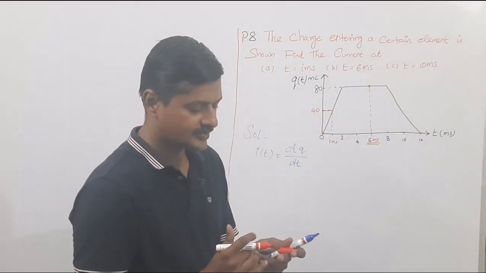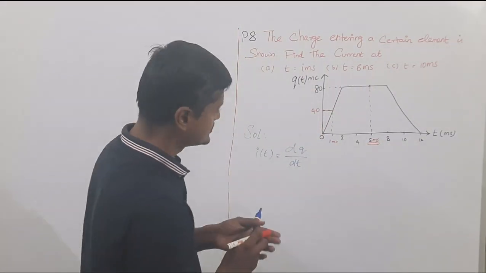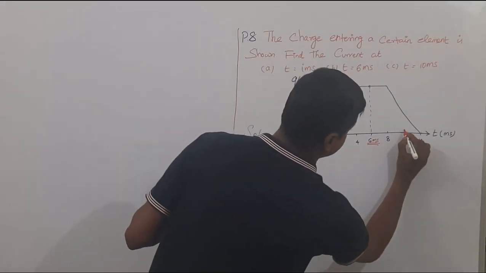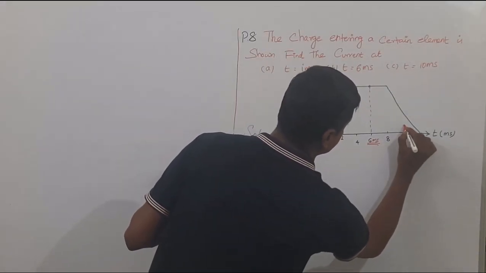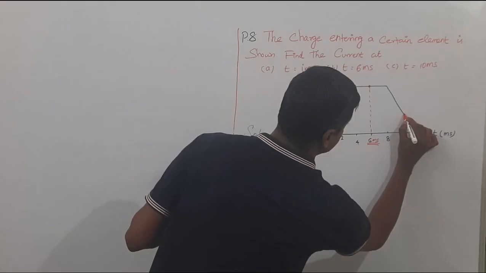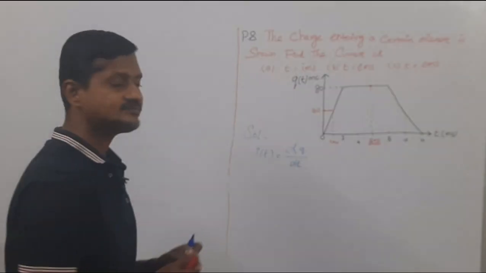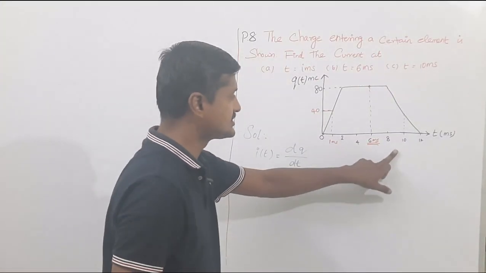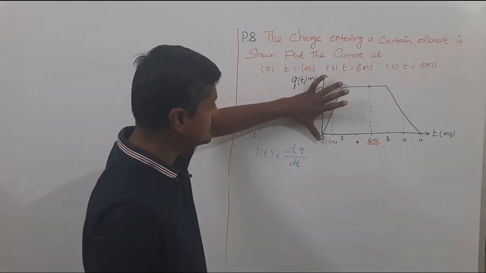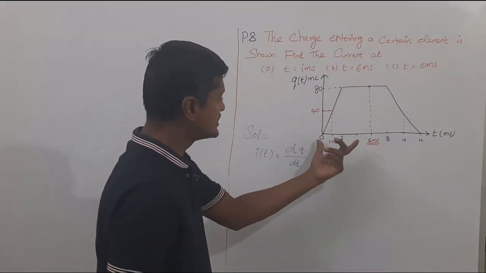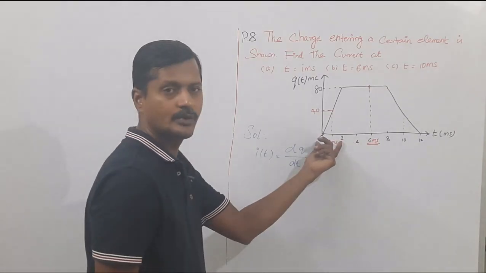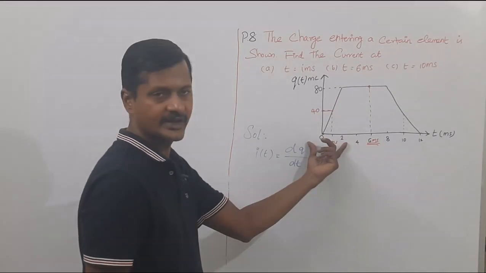So this graph will make a difference. Next is 10 millisecond. This is 10 millisecond. Any difference now? In the earlier graph it is equally divided, and in between we have only one value.